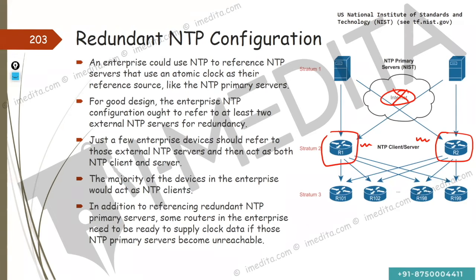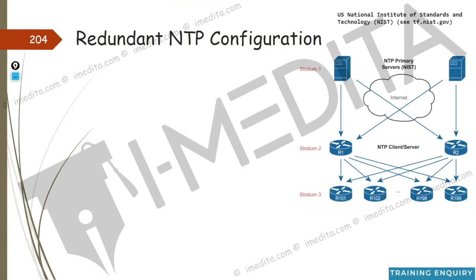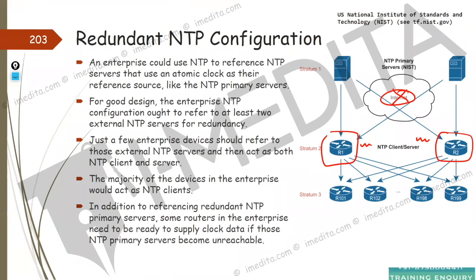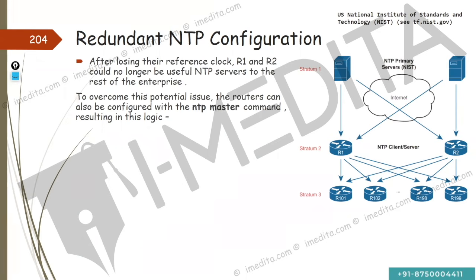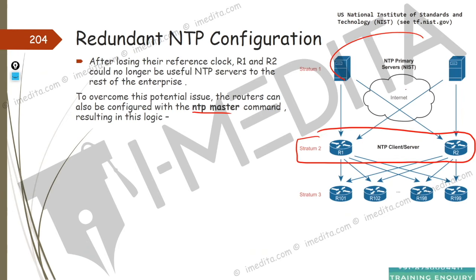So we can configure R1 and R2 in such a way that they keep their clock ticking so that they can at least supply time to other devices. For that purpose, we give the command NTP master. With this command, even if they lose connectivity to the external servers, they can still supply time to others because they will utilize their internal clock.